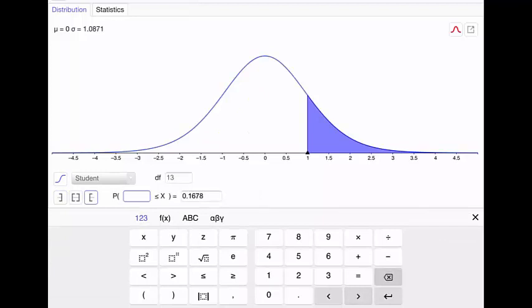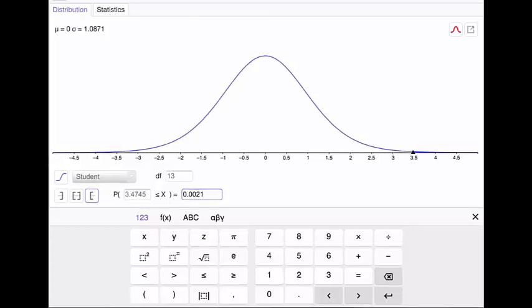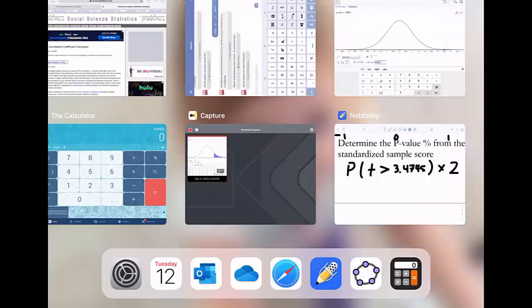Right bracket. And then place in that standardized value, 3.4745. Click back in the right box there. The 0021, that's her p-value, 0.0021.